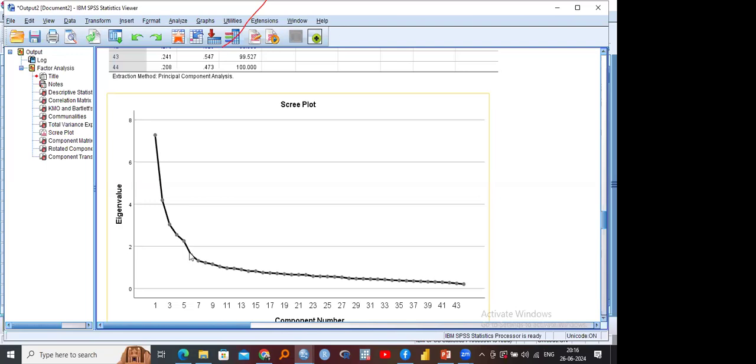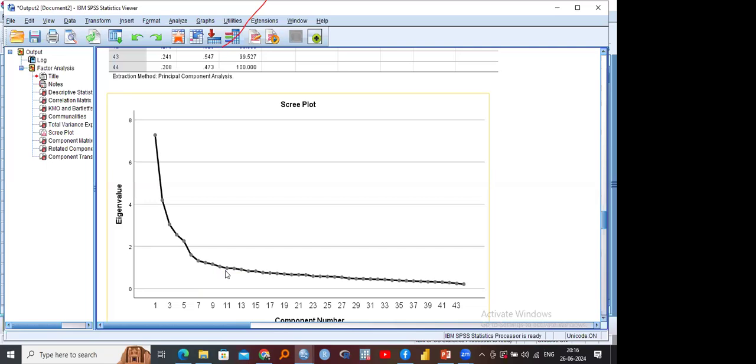Some people might say that I can see the bend at 7. Some of you might say I can see the bend at 9. Some of you might say I can see the bend at 11. Is it? Some of you can say I can see the bend at 10. So this is the problem with the graph.